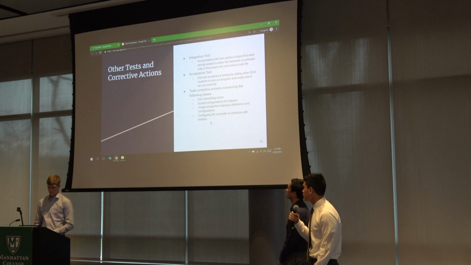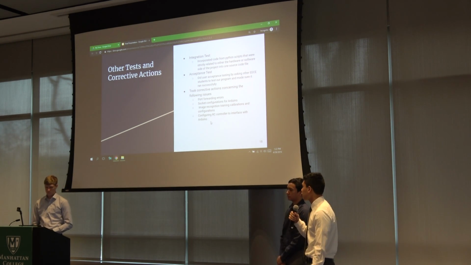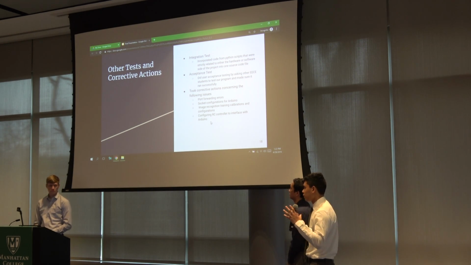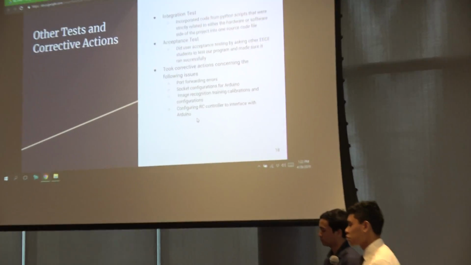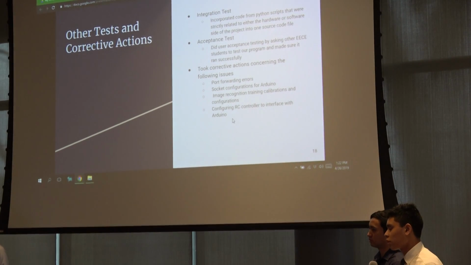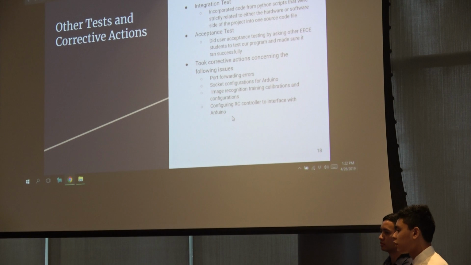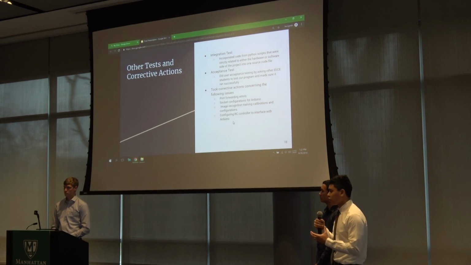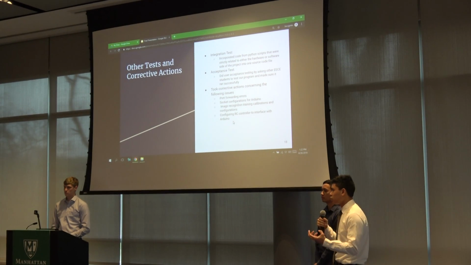Other tests that we did were integration testing. A lot of our Python code was strictly either for the hardware or the software in our project, so we unified that into one source code so that we could integrate them together. In terms of acceptance testing, we did a user acceptance test.